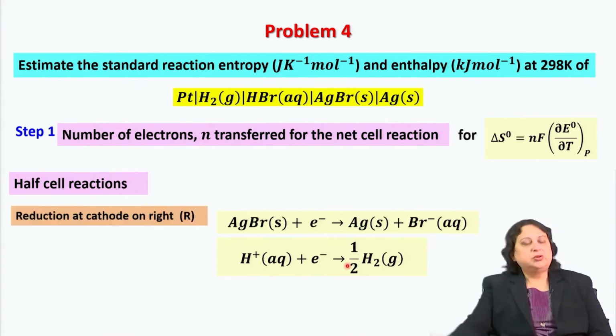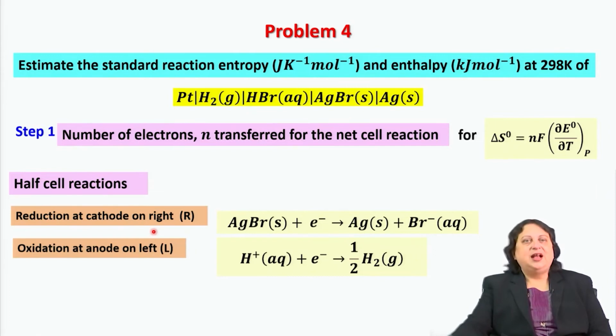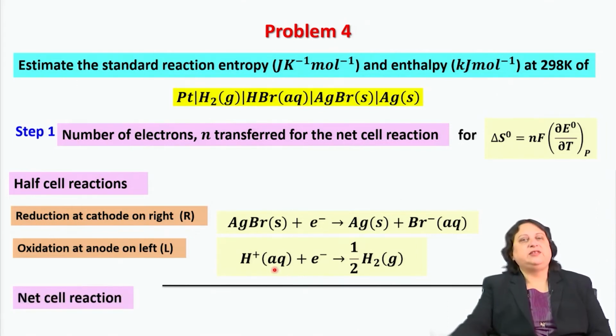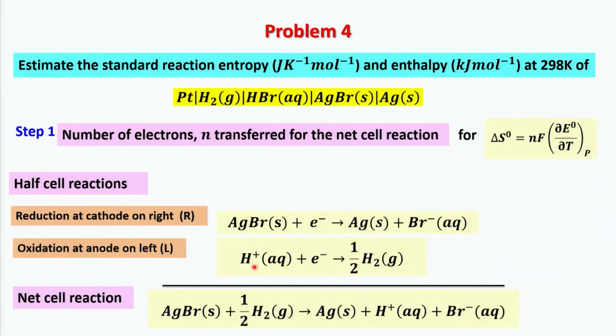Now, I am going to once again follow the convention that there is reduction on right and cathode on right, and oxidation on left, that is anode on left. But here, as I have written the reaction in terms of a reduction, therefore, to obtain the net cell reaction, I will have to just subtract.